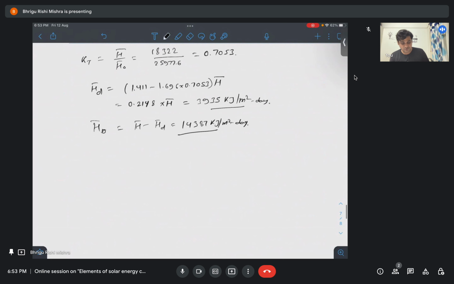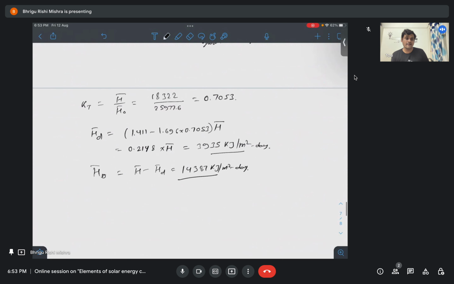Okay, so this way we can predict the monthly average of daily radiation at a particular location.